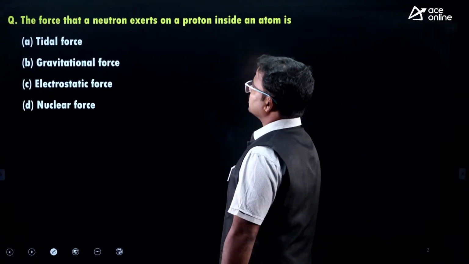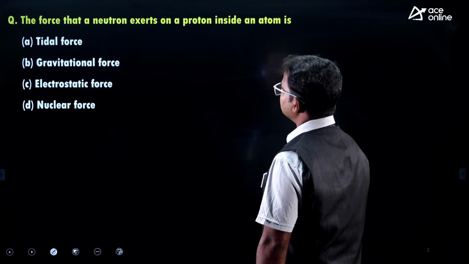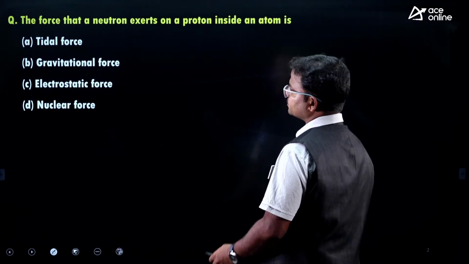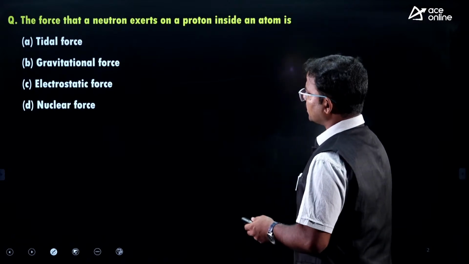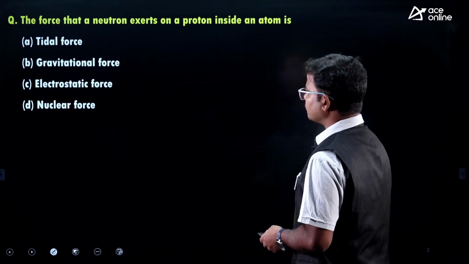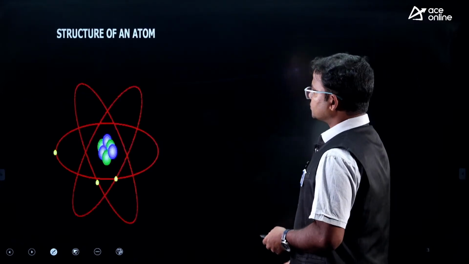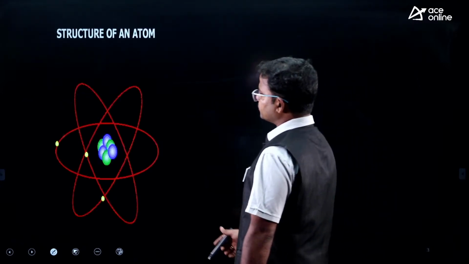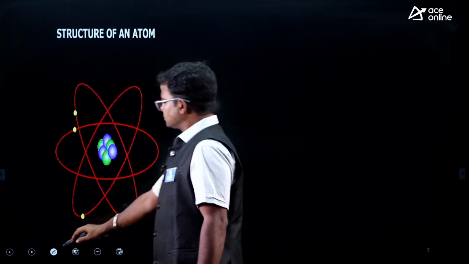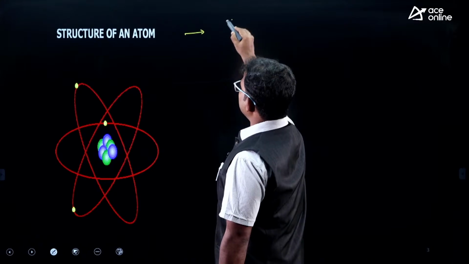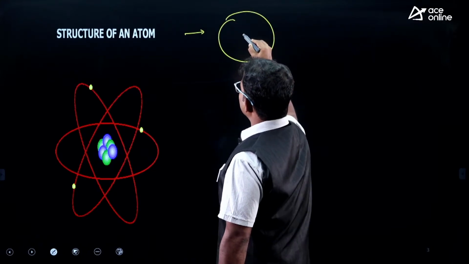The force that a neutron exerts on a proton inside an atom is: tidal force, gravitational force, electrostatic force, or nuclear force. Nuclear force. Actually guys, if you consider an atom, it has a nucleus.